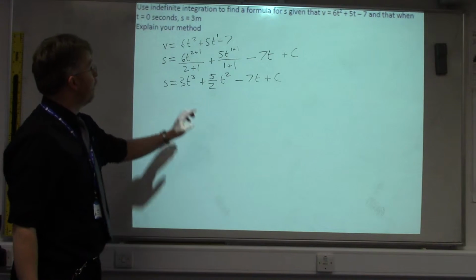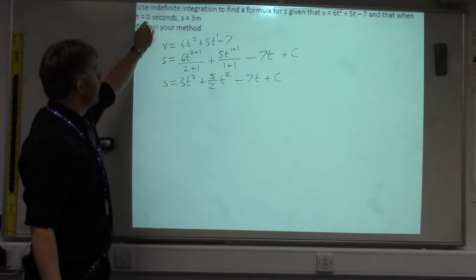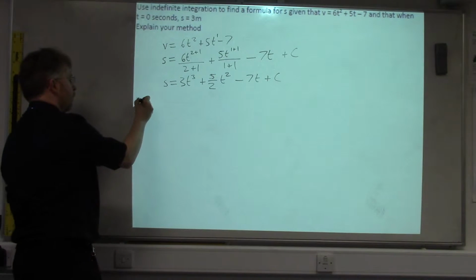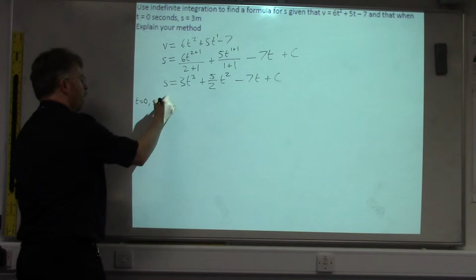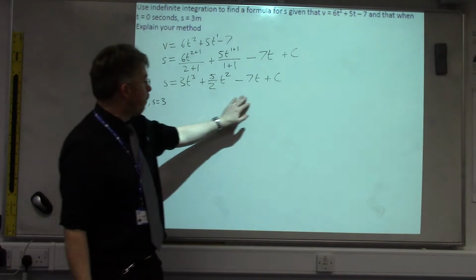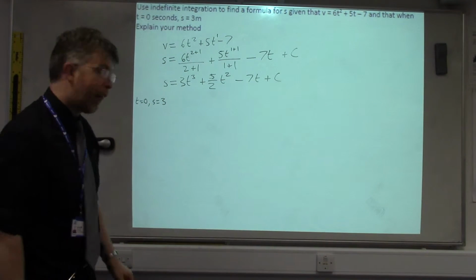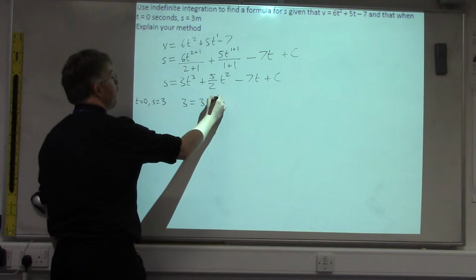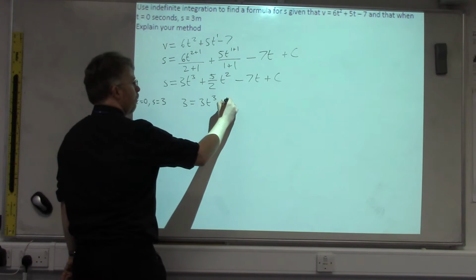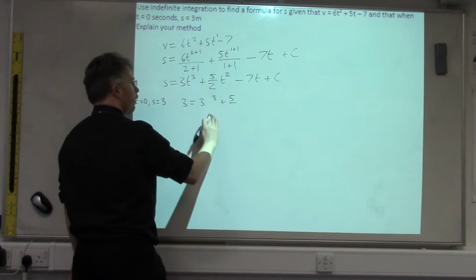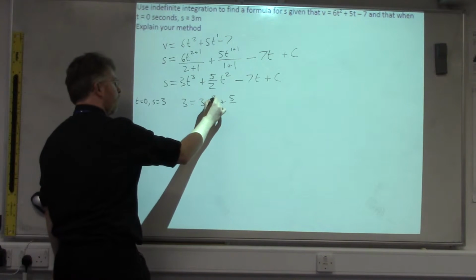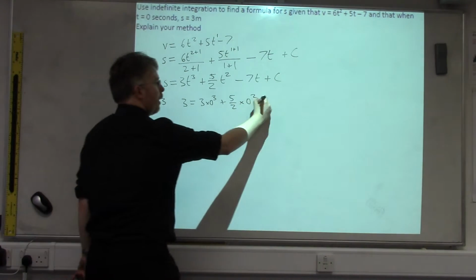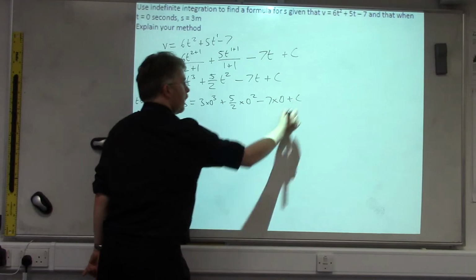We then stick our numbers in from the question, so when t equals 0, S is equal to 3. So we need to substitute that into our formula. That will allow us to find out what that missing c value is. So 3 is equal to 3t cubed plus 3 times 0 cubed plus 5 over 2 times 0 squared minus 7 times 0 plus c.